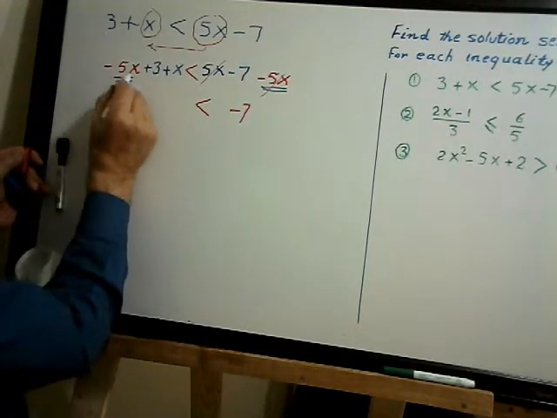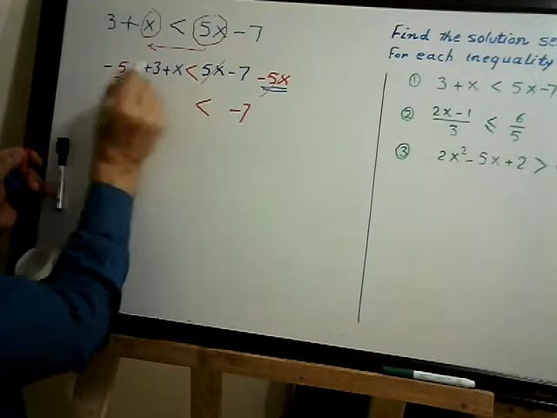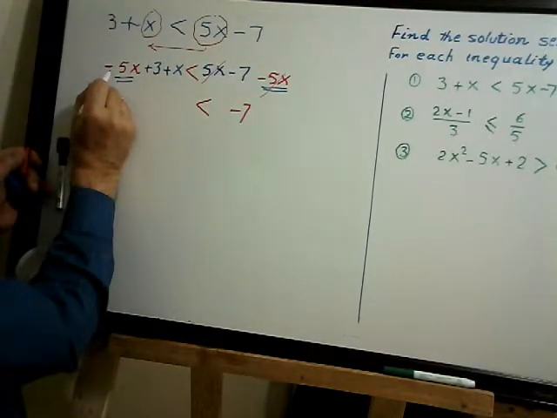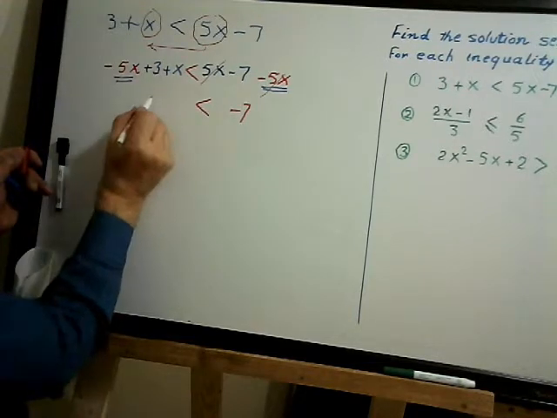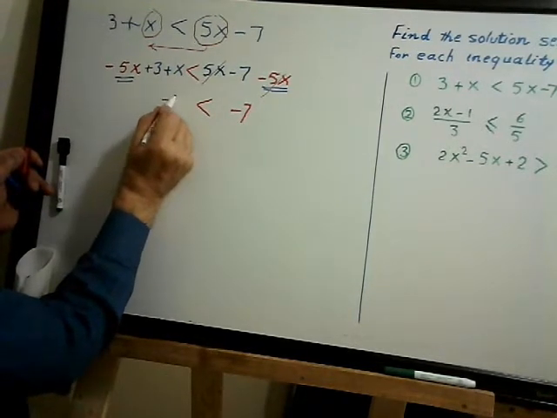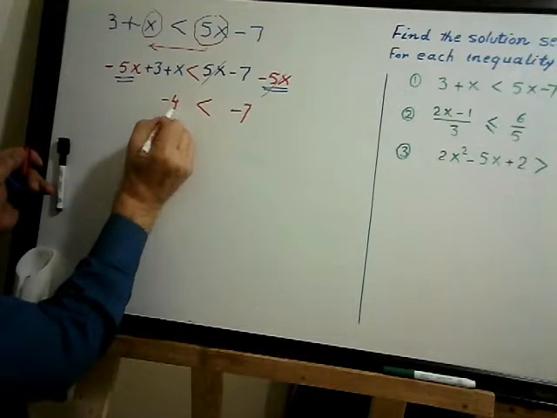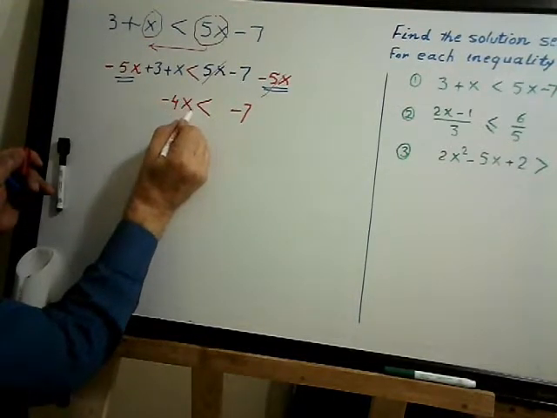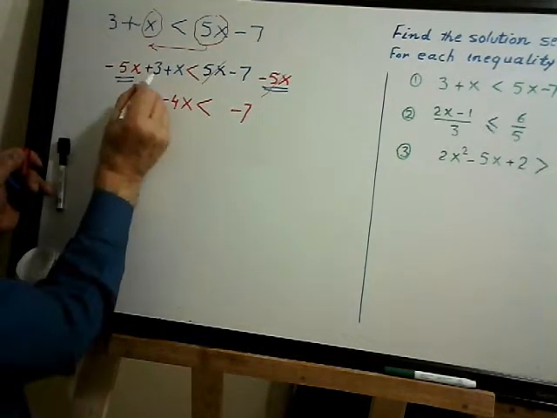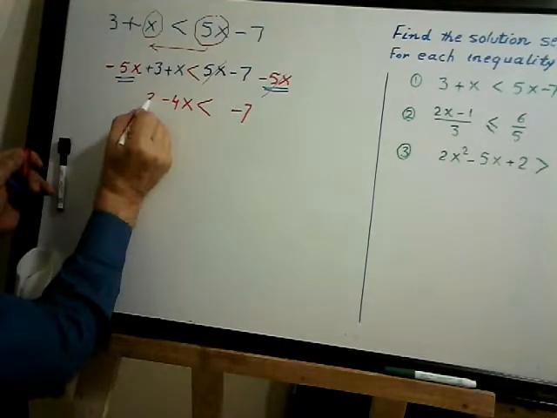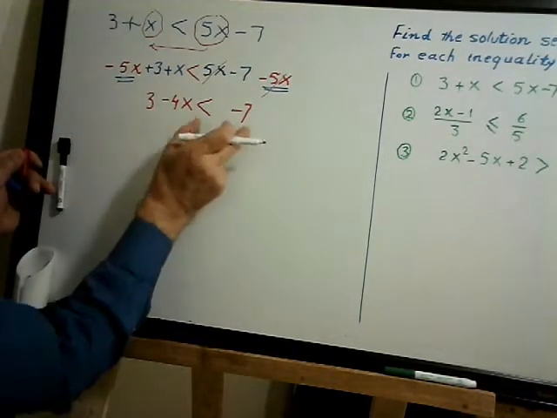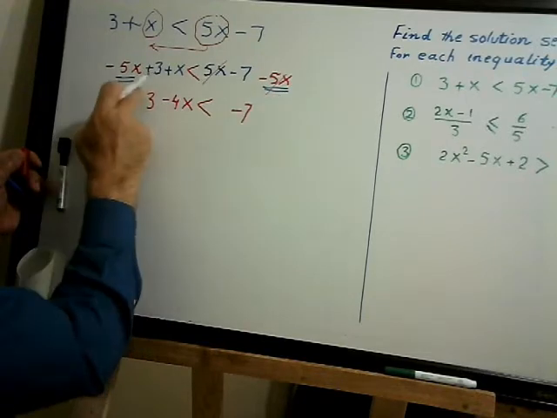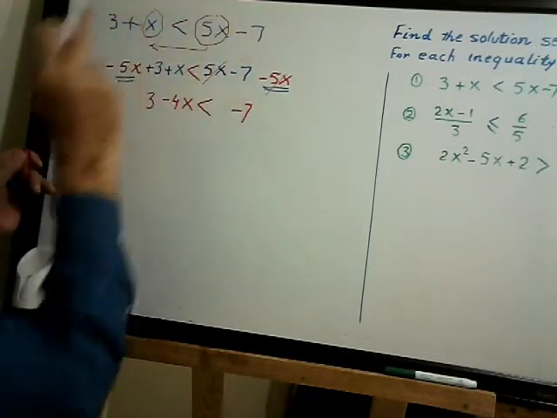Here x and negative 5x give negative 4x, and the number 3 is still there. So this is a new version of the inequality.